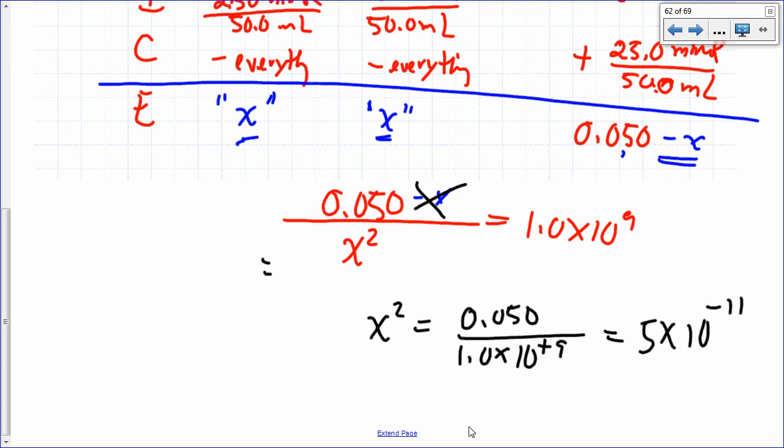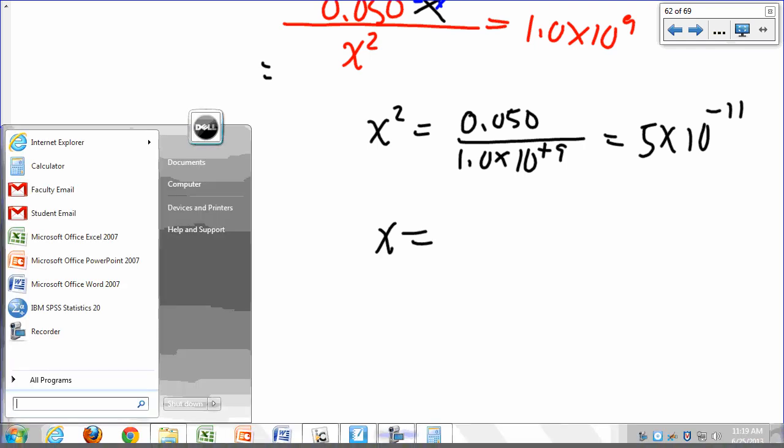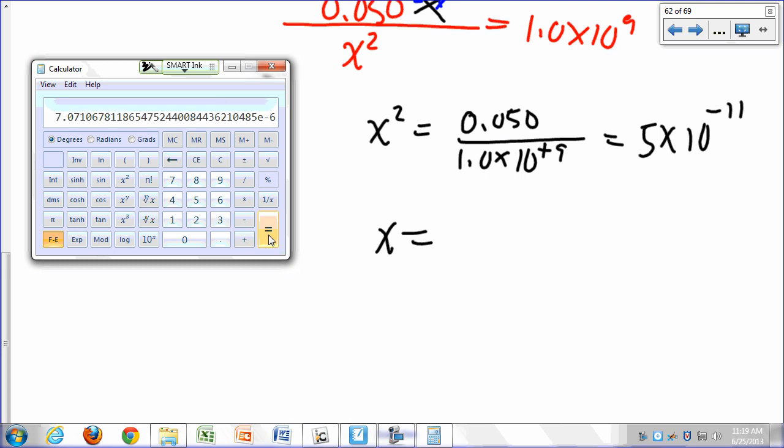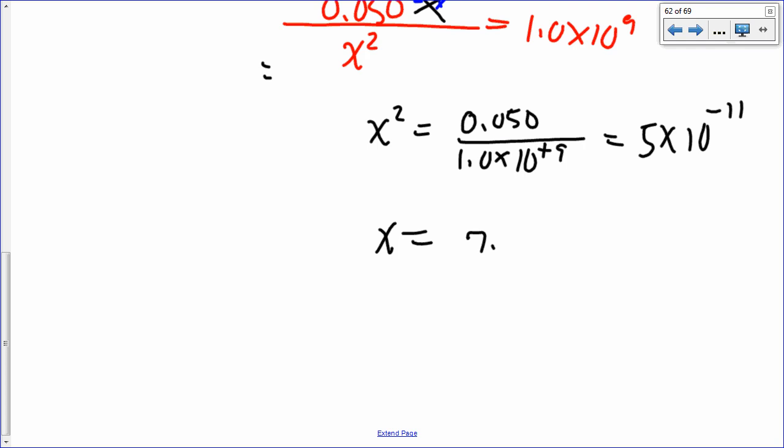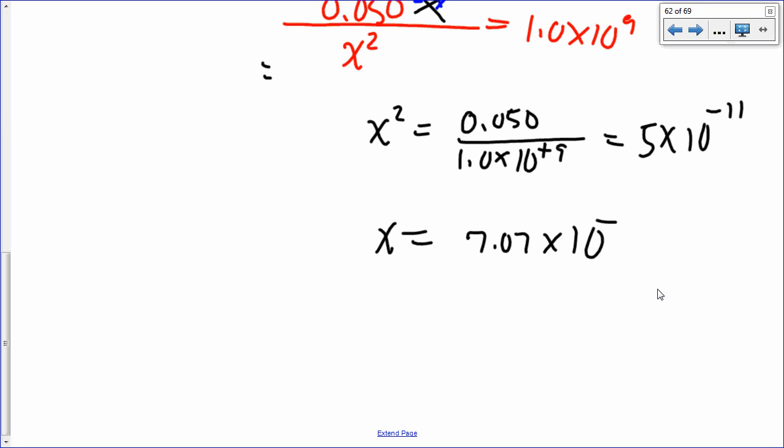Okay, and so x will just be equal to the square root of that, 7.1 times 10 to the negative 6. 7.07, let's keep an extra digit there. 7.07 times 10 to the negative 6. So that's your x.